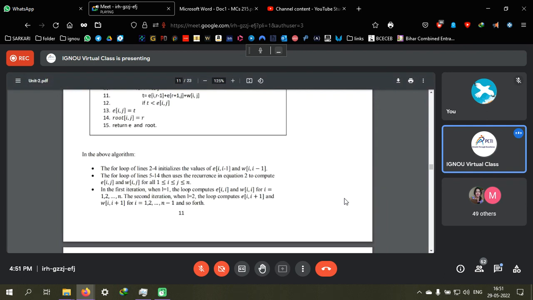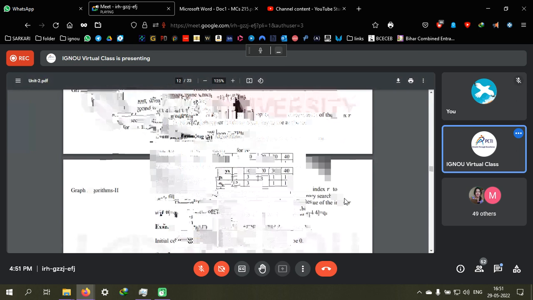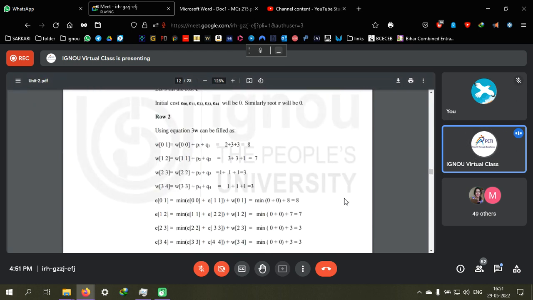So we have to always compute i plus 1. I is 0 and i plus 1. So here we have to find the minimum. Here i comma i plus 1 comma j, and then here is the value of Wij plus E i comma j.